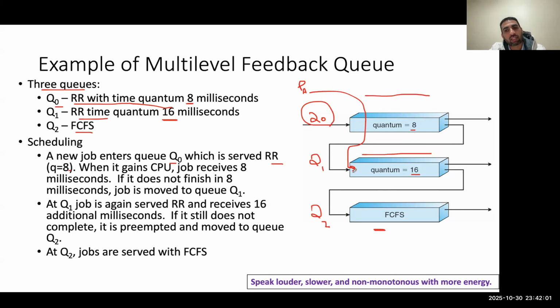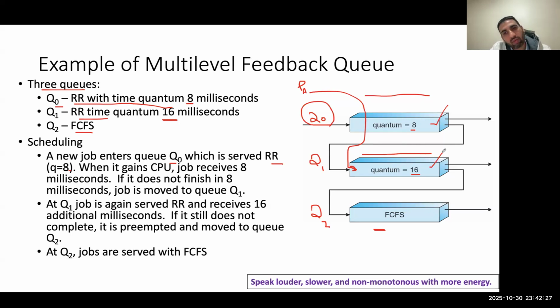So when PA gets its turn, it will be allowed 16 time units. Again, we don't know how long its CPU burst is. If it gets completed in the additional 16 time units, fine, we are done with it. Which means, let's say, 8 plus 16, because it consumed 8 here and 16 time units here, so it gets completed in 24 time units. We are done. We are fine.